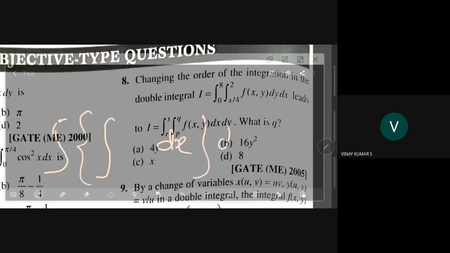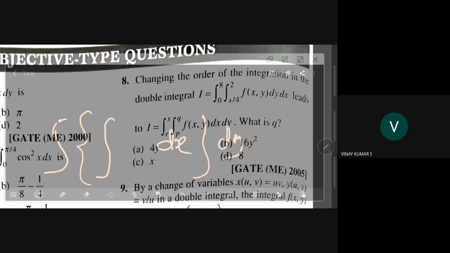I'll enlarge this, that is a better way. So he wants us to change. I already told you they'll ask like this only. He is asking us to write dx here first, followed by dy.